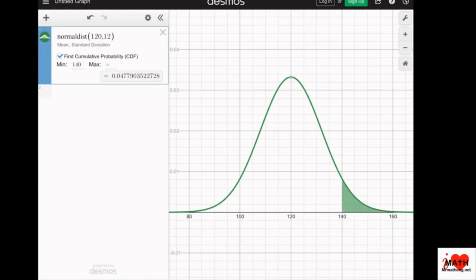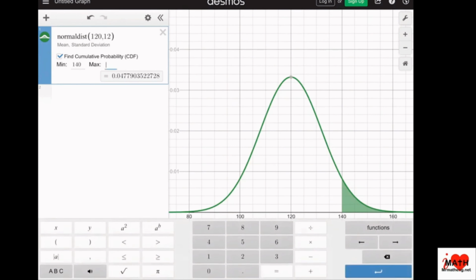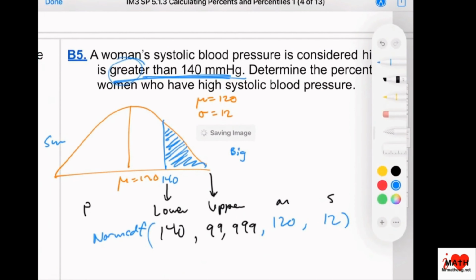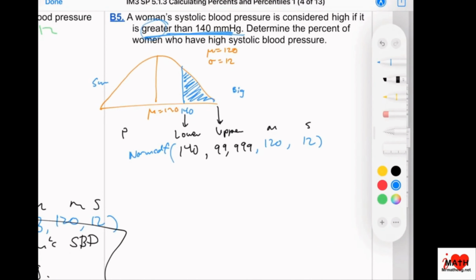Infinity, which is 99,999. You can also put that number in and you still get the same answer. So what did we say? 4.78% chance.